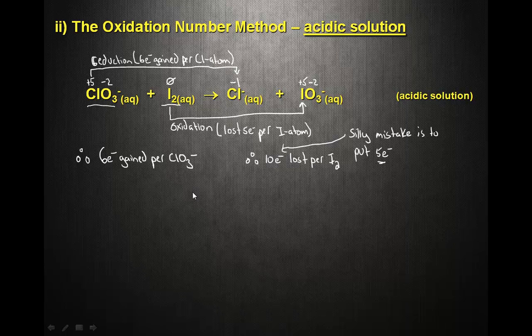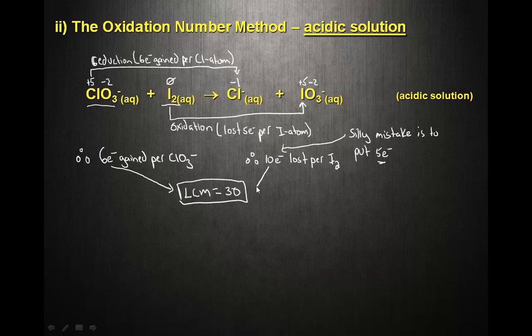Then, like before, what we want to do is find our LCM. So what's the lowest common multiple of 10 and 6? If we multiply the two together, 10 and 6, we get 60. Divide that by 2, we get 30. So 10 goes into 30, 6 goes into 30. If we divide 30 by 2 again, we get 15, which none of these go into. So our lowest common multiple has to be 30.